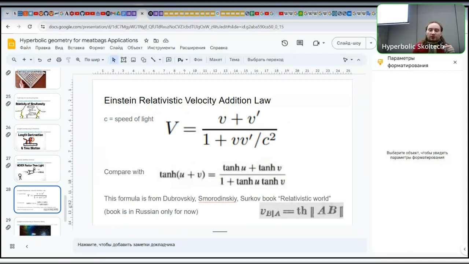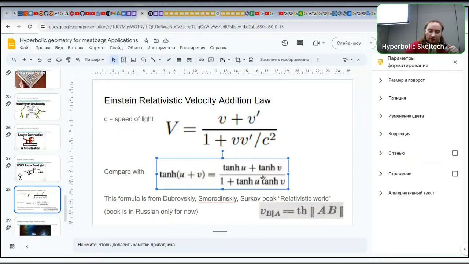So here is the velocity addition law from physicist Albert Einstein. And you can compare this formula with the addition law of hyperbolic tangents.